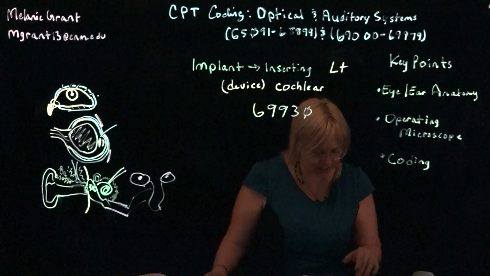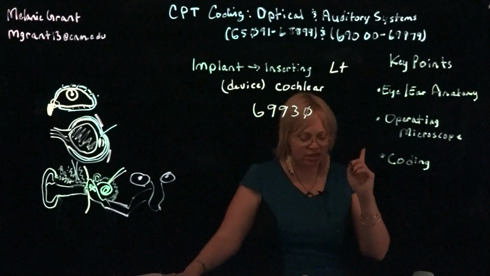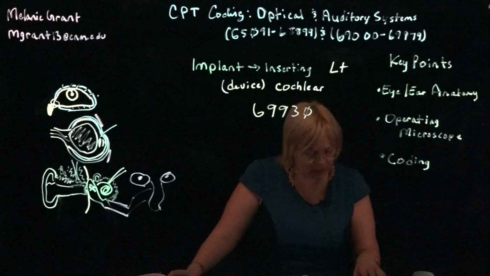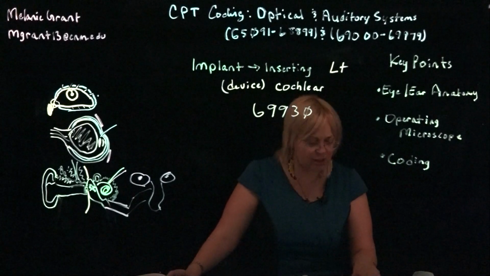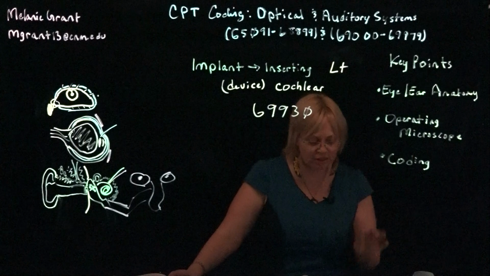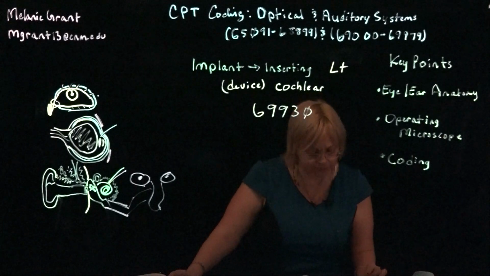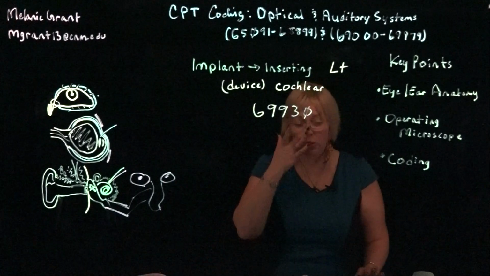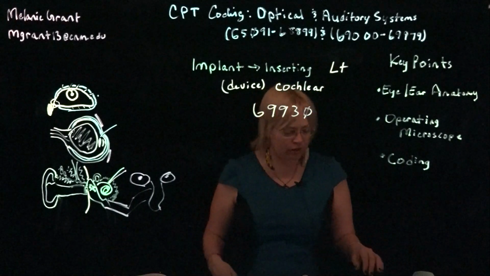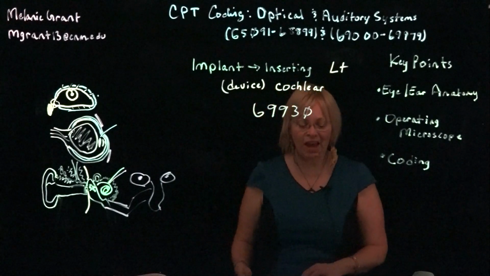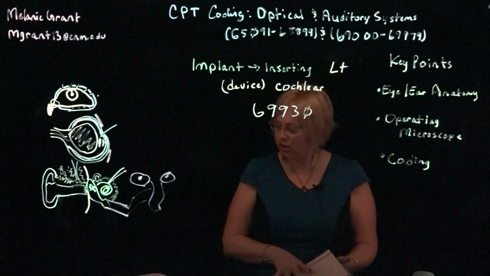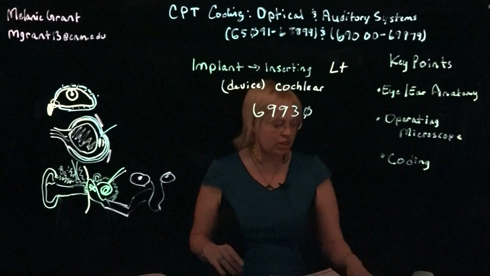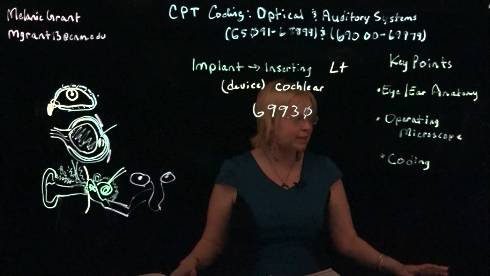And so I can kind of see how they're going to take that guide wire in, they're going to talk about that in documentation, and then they're going to make a little pocket to hold that device on the external part of the ear, most likely. And I see that it doesn't have any details for different types, so whatever type of cochlear device they have would fall under this code. So this is my code 69930 for an implantation of a cochlear device.